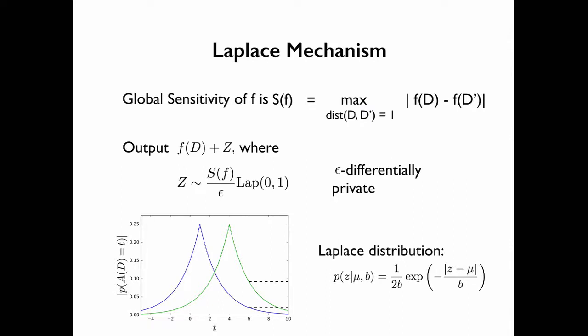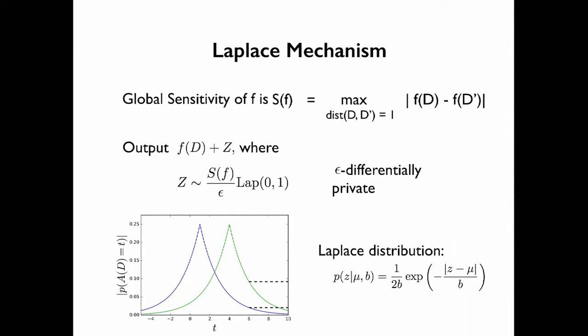Again, that is to achieve epsilon differential privacy. There are also other ways of adding noise, and in fact, if you want to minimize the mean square error, there are some sophisticated things that you can do, but we won't get into that right now. This is one of the very general major things that people use.